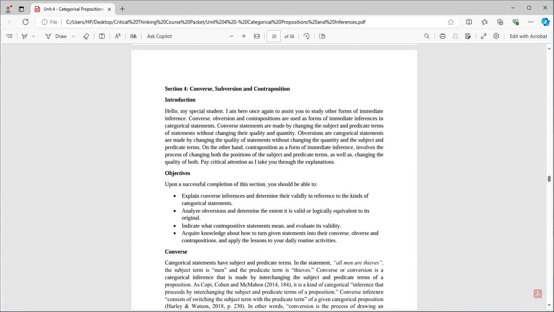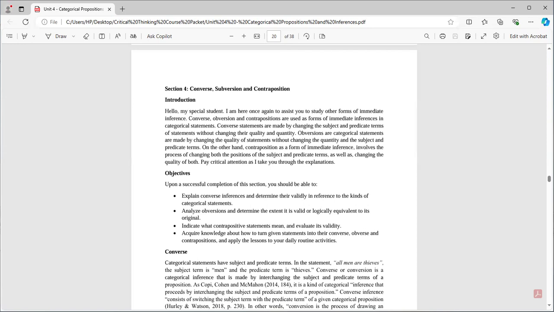So all men are thieves. We will swap the position of the subject and predicate term. All men are thieves. When we swap the positions, it will be all thieves are men. The original statement is what is called the convertend.